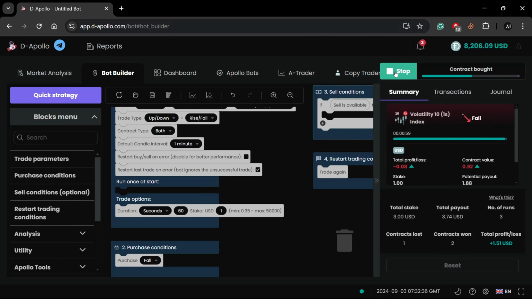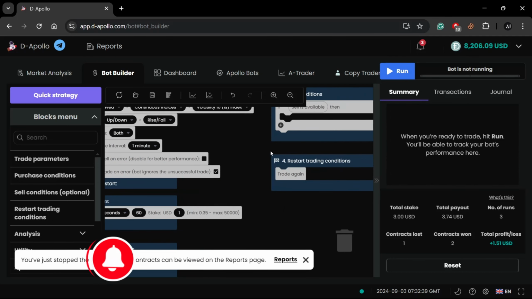That is basically just selling a contract before it expires.